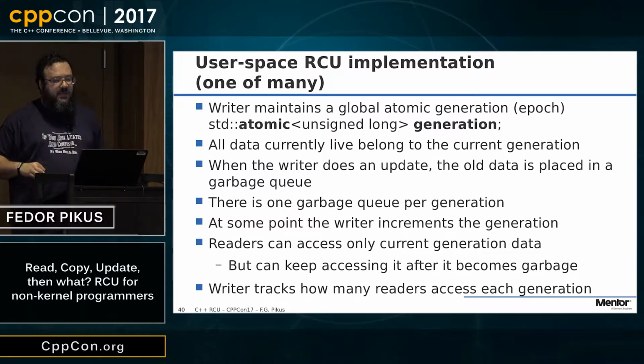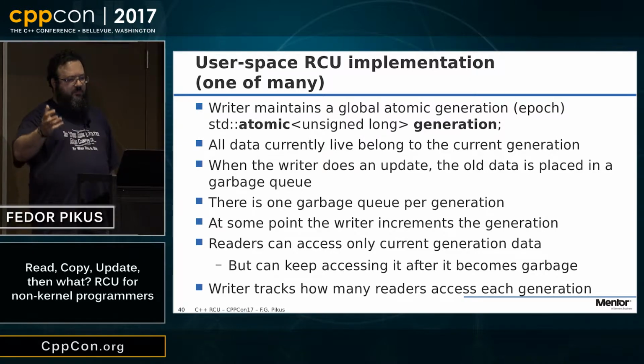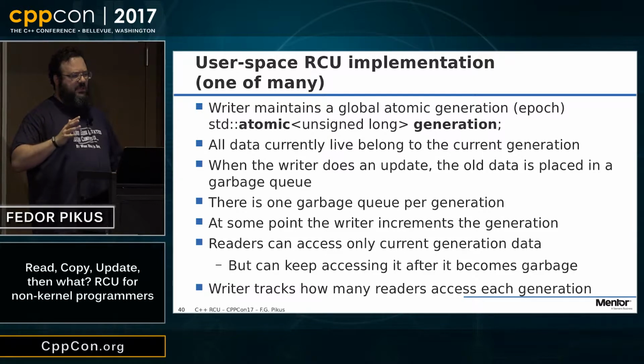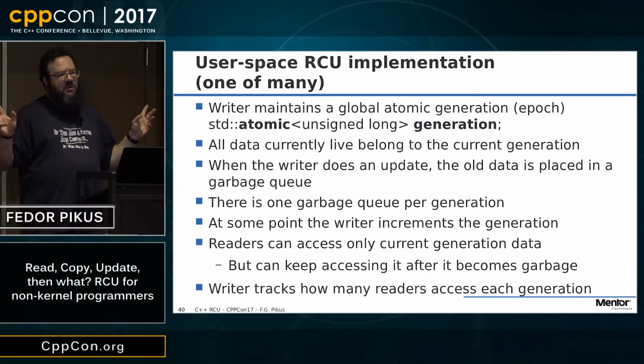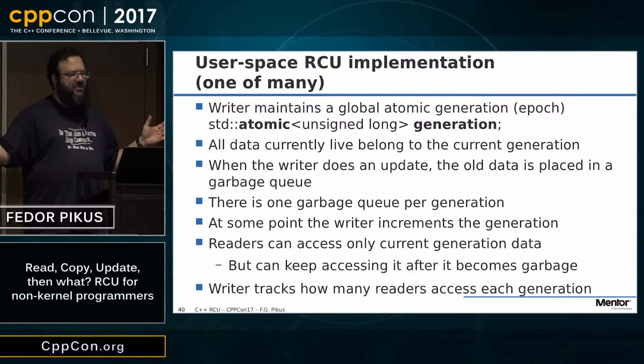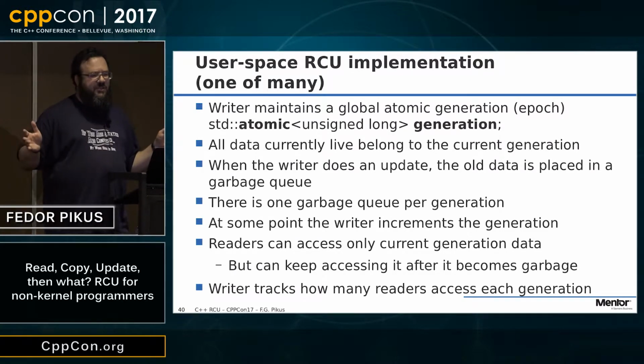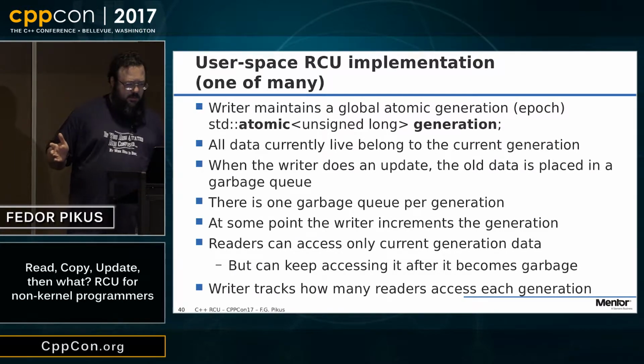When the writer does an update and makes some data inaccessible, let's stick with our list, so I'm pulling a node out of the list, replacing it with a new node, I will put the old node in, let's say, a garbage queue. In my case, it's just a list of nodes to delete, and it's another list. But in general, it's some queue of garbage. This stuff I can't delete just now, but I would like to.